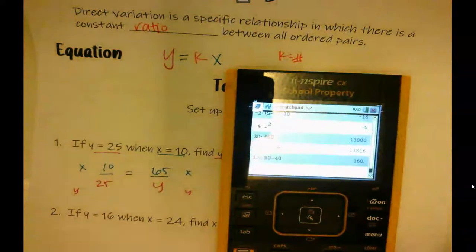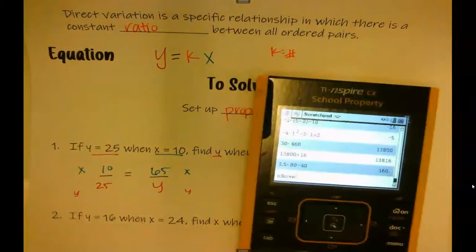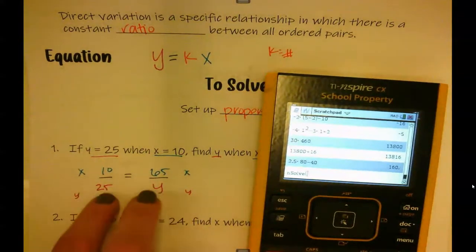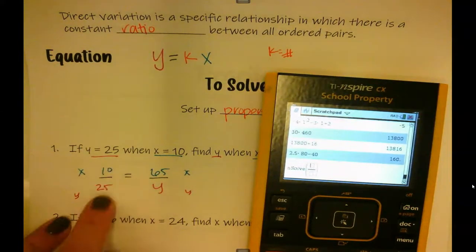Okay, I'm going to use my menu 3-1, my numerical solve, and I'm going to type in this exactly like I see it. So remember, we can press Control divide sign to give us a fraction, a top and a bottom.